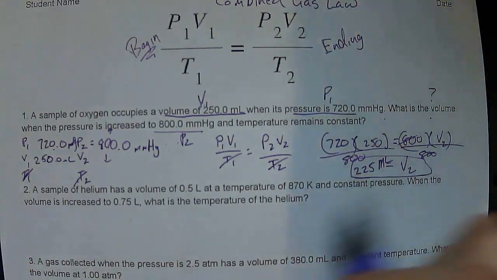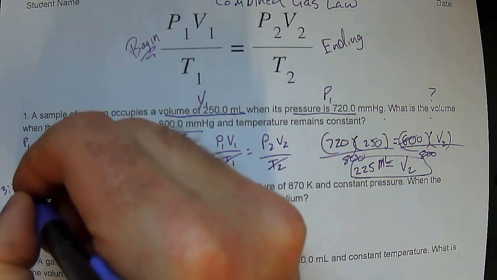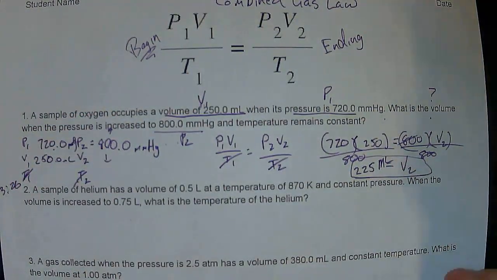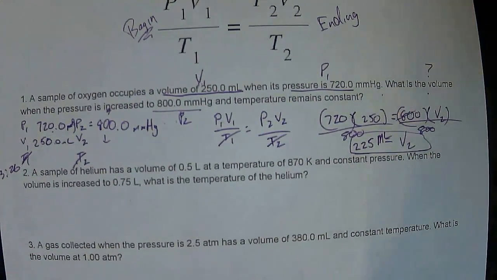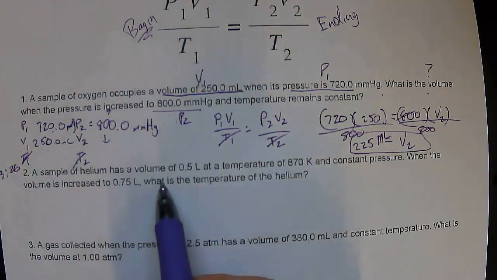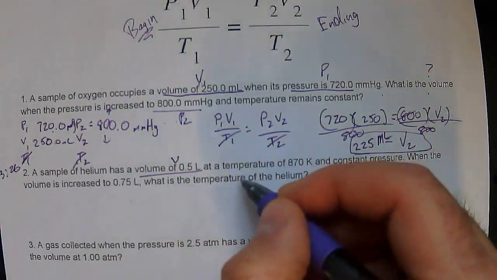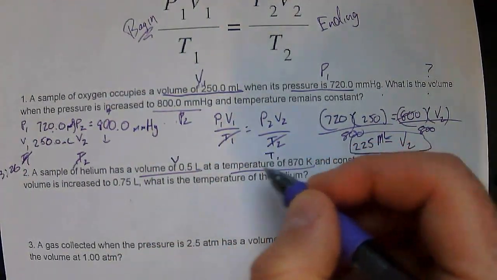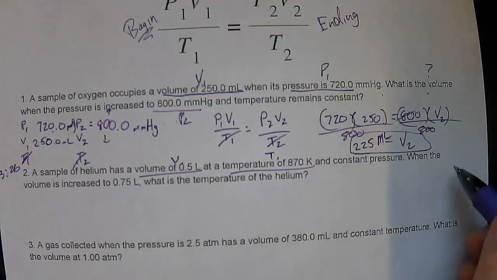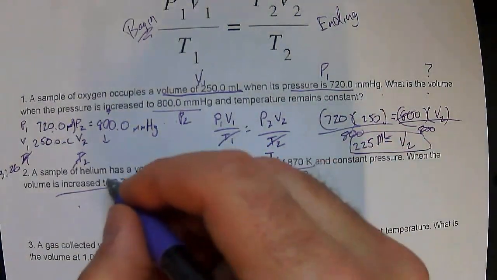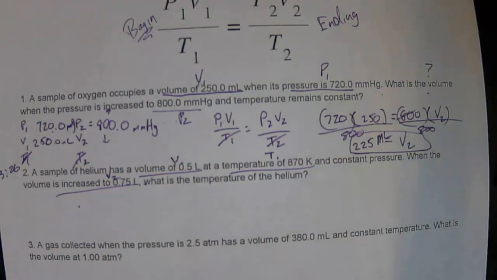Now let's take a look at this next problem. It says a sample of helium has a volume. Again, this is a volume and a temperature at the beginning, and then the volume is increased to 0.75.